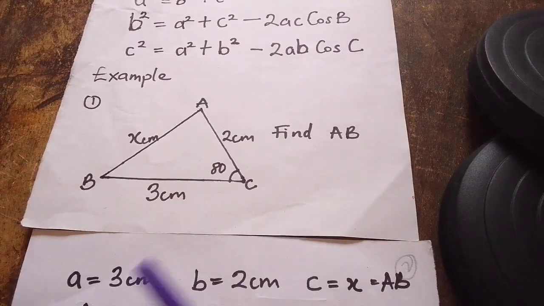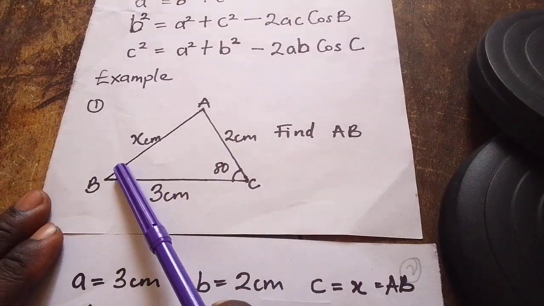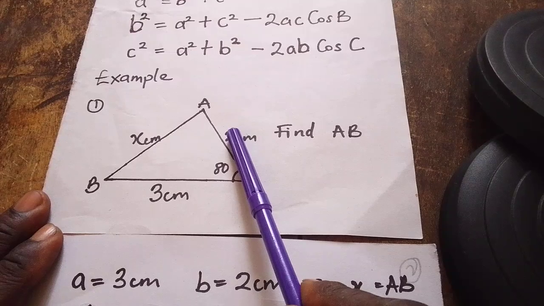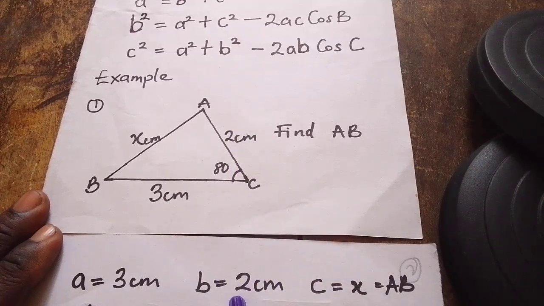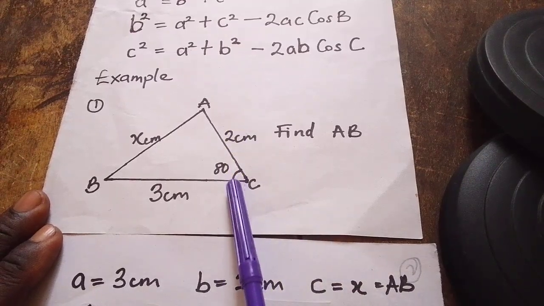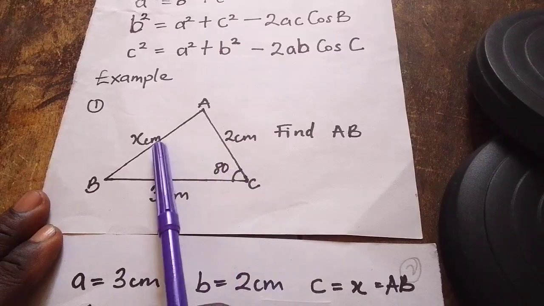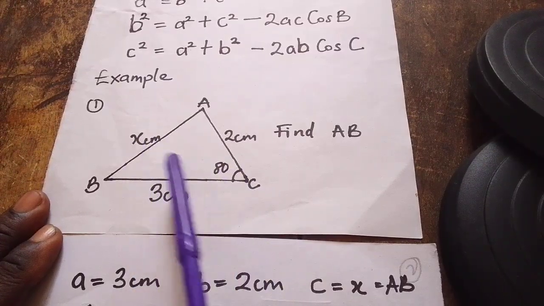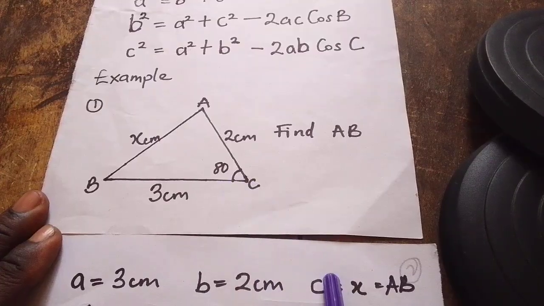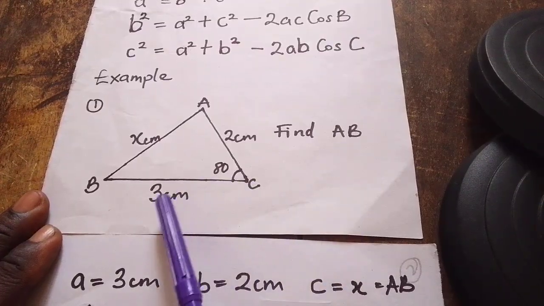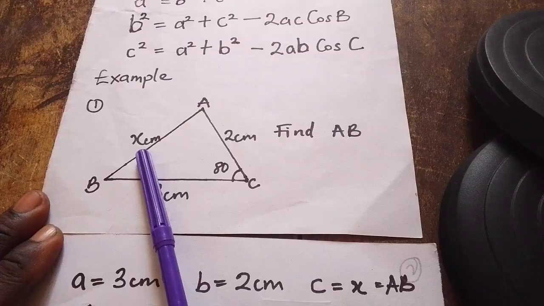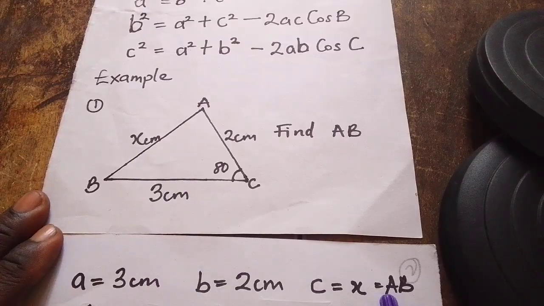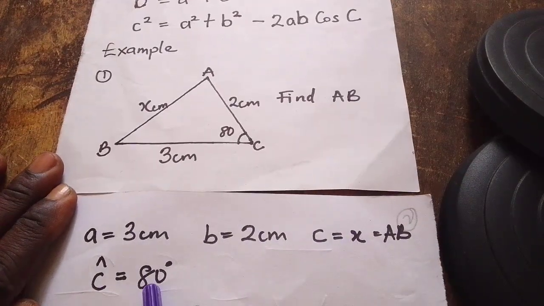Then the side facing angle B is small b, which is 2 cm. Then the side facing angle C is x, our AB. So instead of putting AB, I'm going to put x there. Then the angle C is 80 degrees.